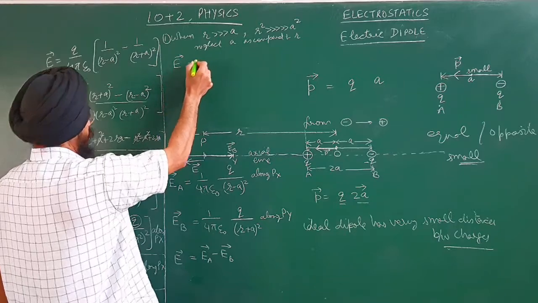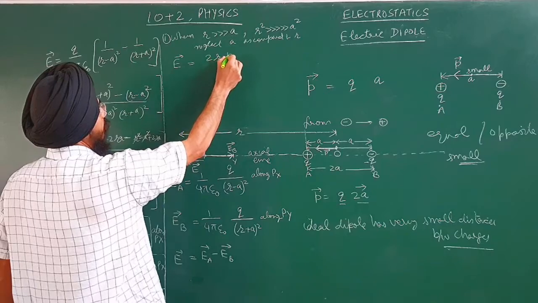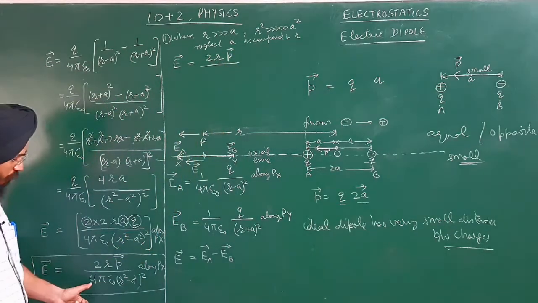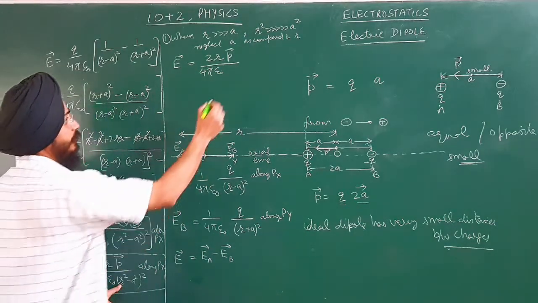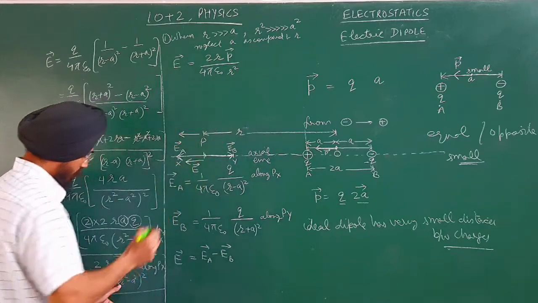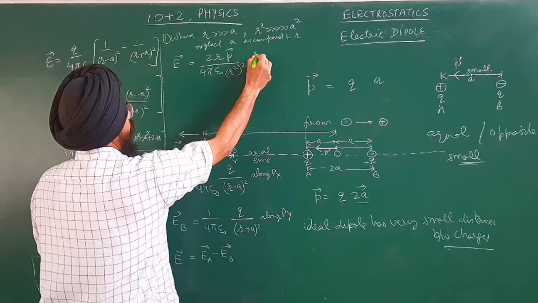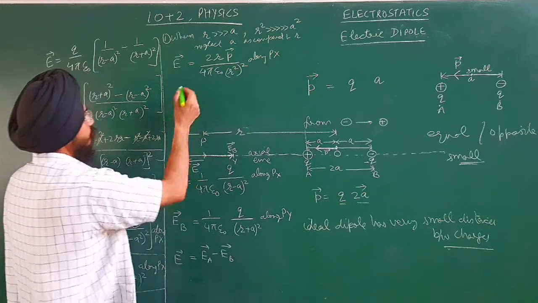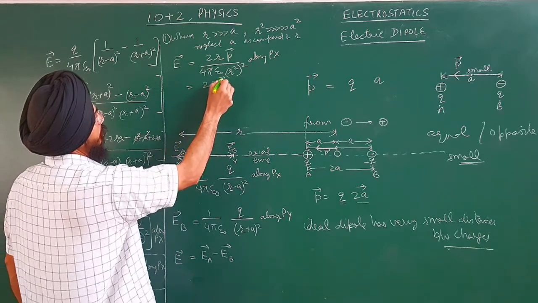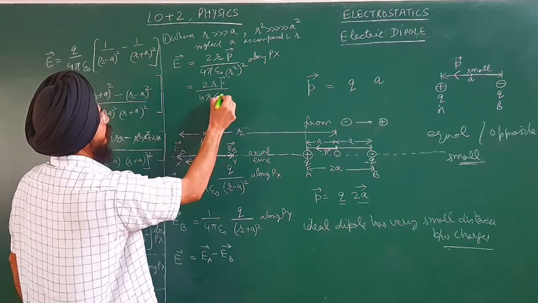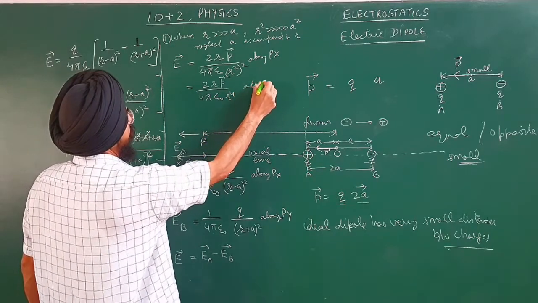E will be equal to 2rp divided by 4 pi epsilon naught, r square, a square will be neglected, whole square, along px. This result will give me 2rp divided by 4 pi epsilon naught r raised to power 4 along px.